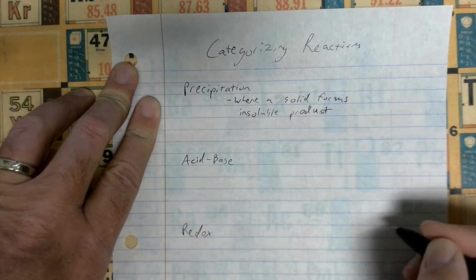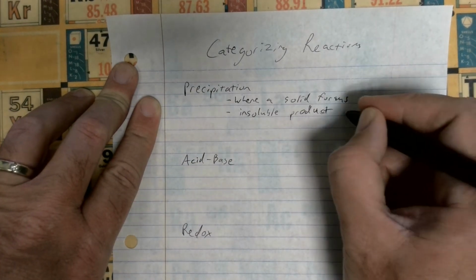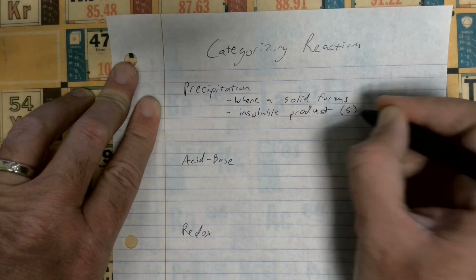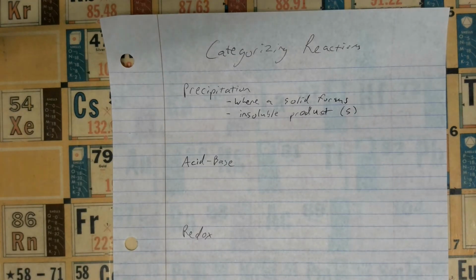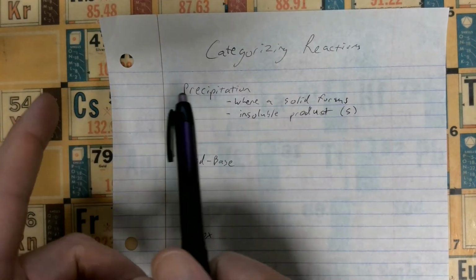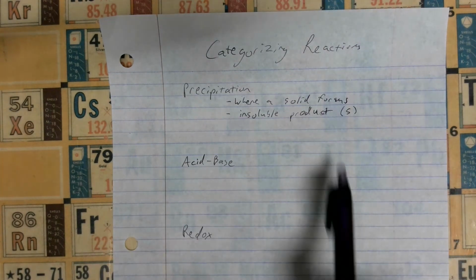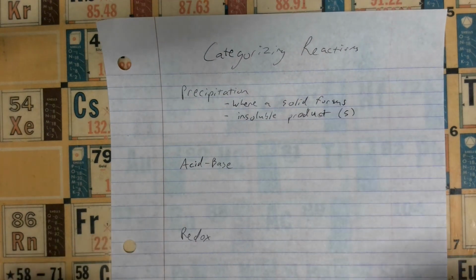And it will show up as, if it's insoluble, it'll be a solid as the state of matter. And so if you know that you have two solutions on the left, and then on the right side, on the product side, you have a solid that shows up, then that's a precipitation reaction.